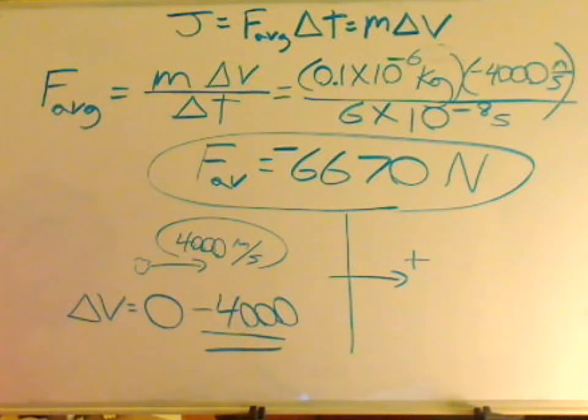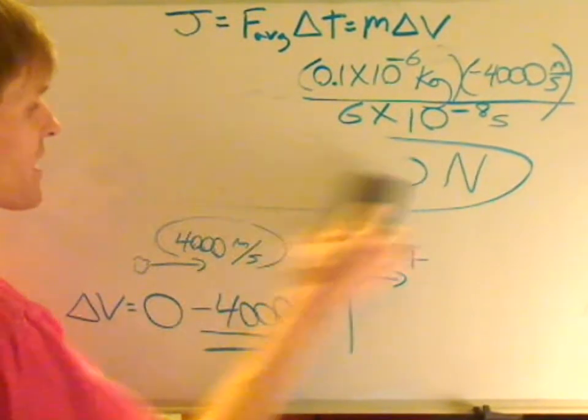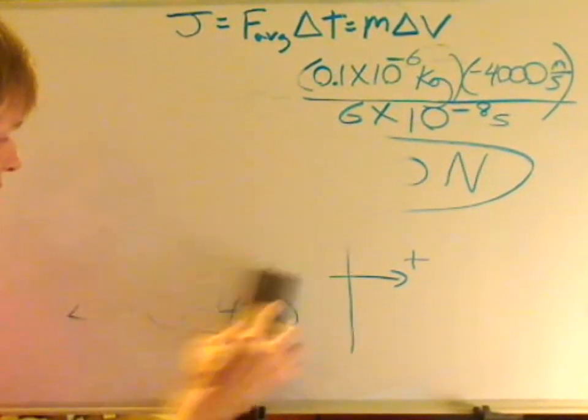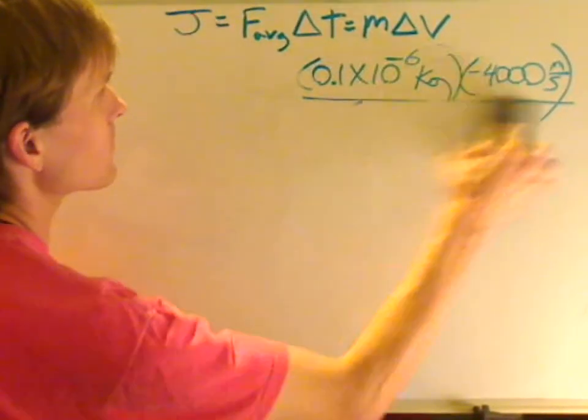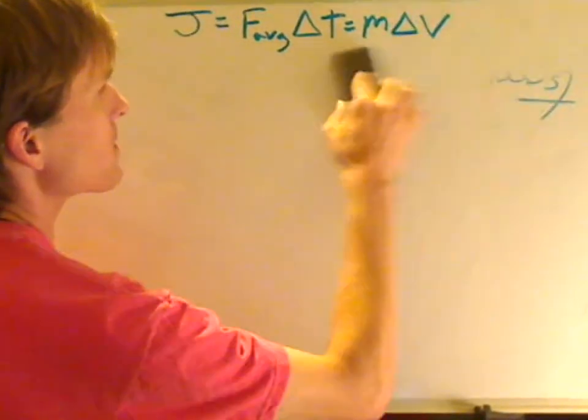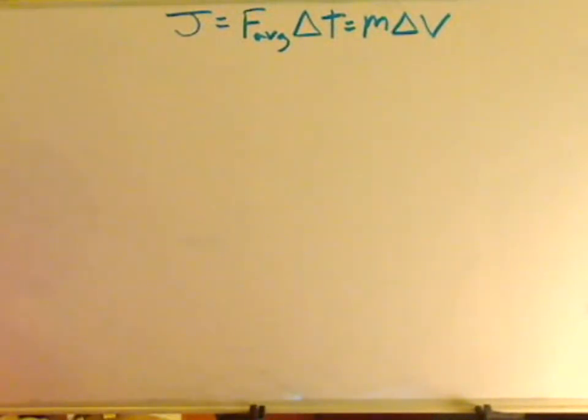Okay, let's do the second impulse example here. In our second example, we have a bumper car.